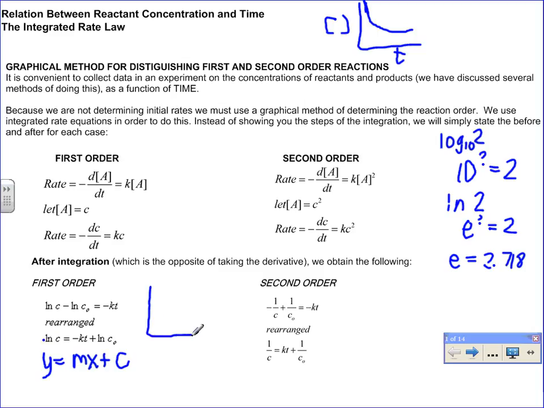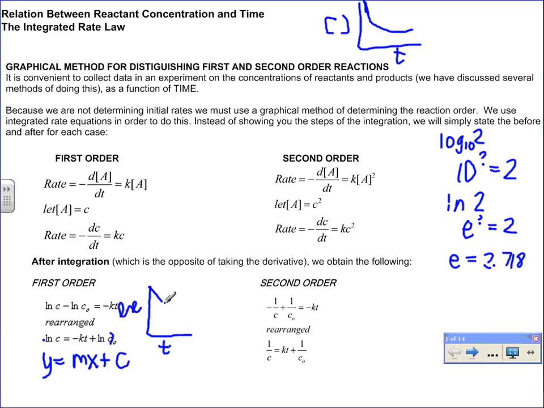So let's look at what graph we're dealing with here. Ln of c. The slope of this line is negative k. The x value is t. And the intercept is ln c naught. So what this integration gives us is the equation of a line for the graph of ln c versus t.